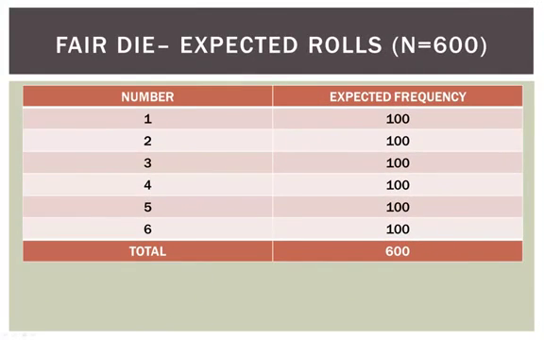Now, if the die is fair, if we rolled it 600 times, and we have 6 numbers on the die, we would theoretically expect each number to come up 100 times. So 6 numbers, 600 rolls, each one has the same probability of coming up. So theoretically, we would expect 100 of each number to occur.